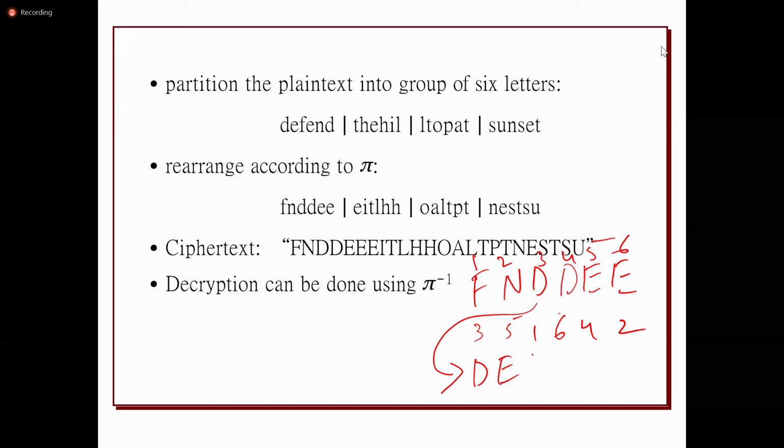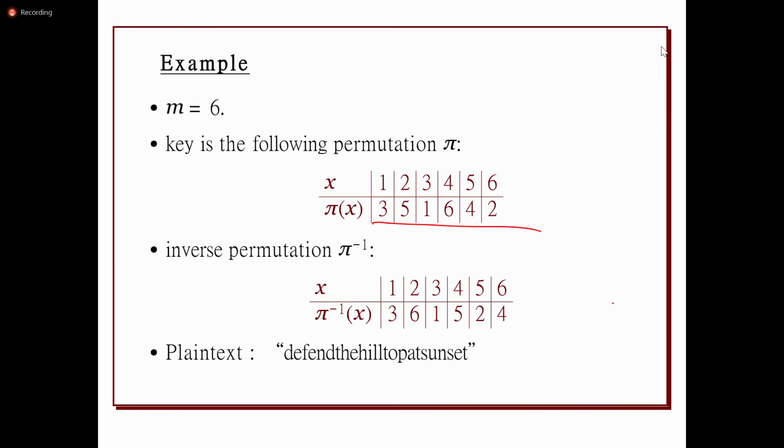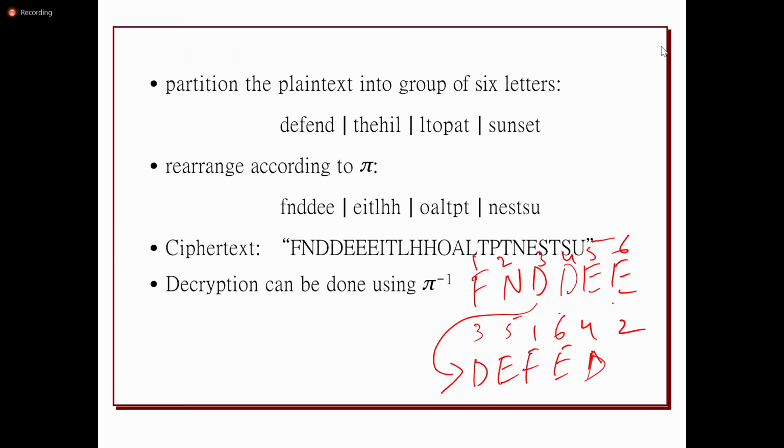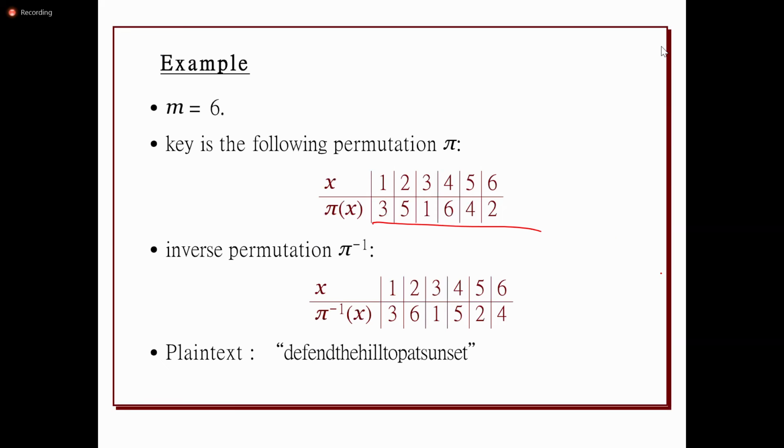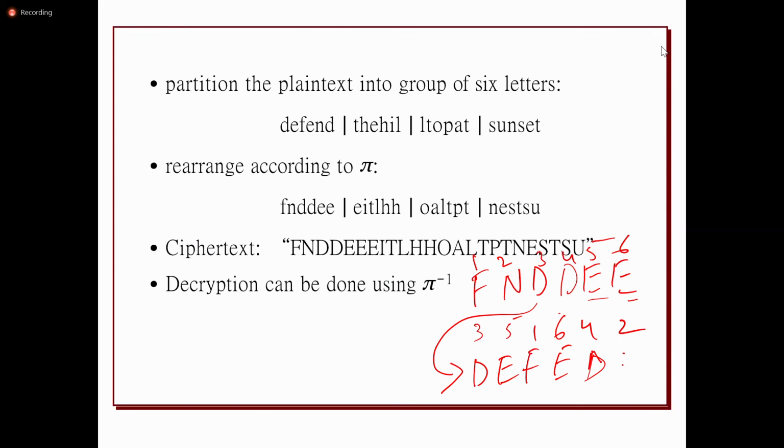Then 5, 1, 6, and 4, the fourth character. 3, 5, 1, 6, 4, 2. F, N, D, and the second character is N.